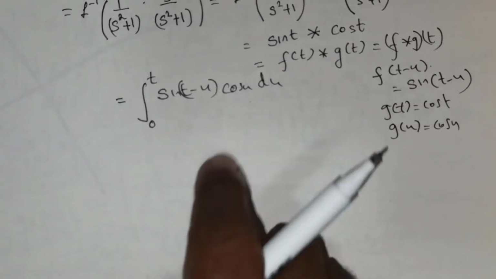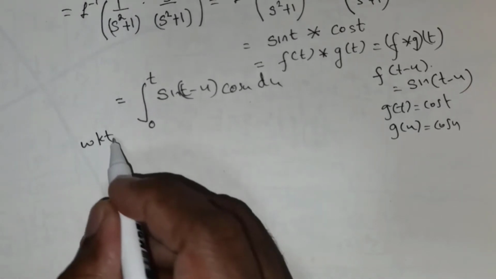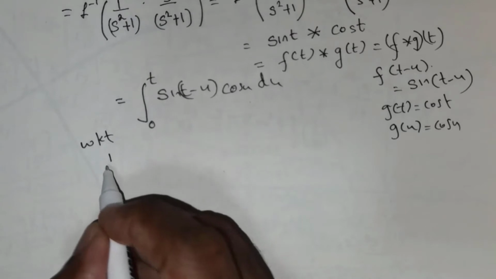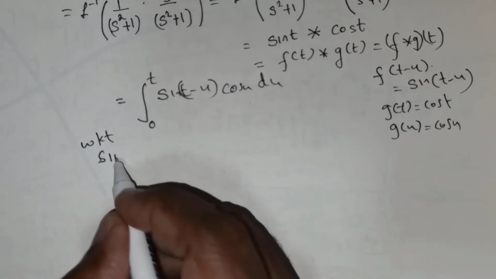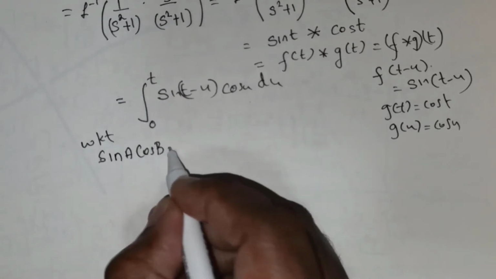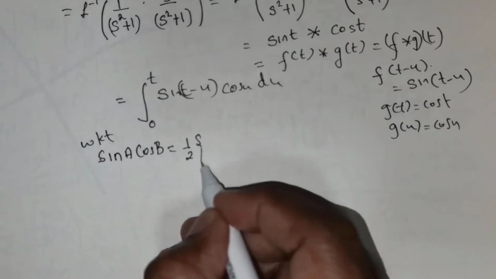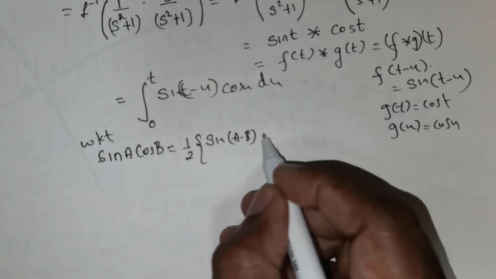From here we can use a compound angle formula. We know that sin a times cos b is equal to half times [sin of (a minus b) plus sin of (a plus b)]. This is a very important formula.